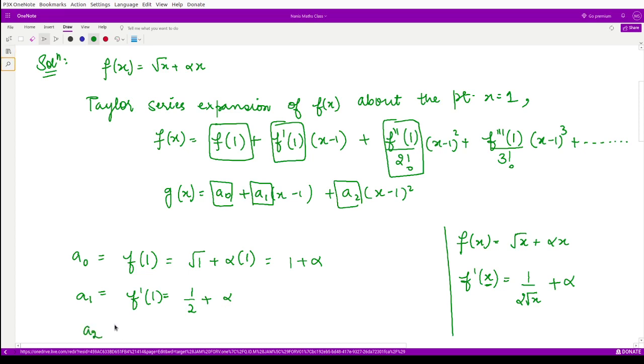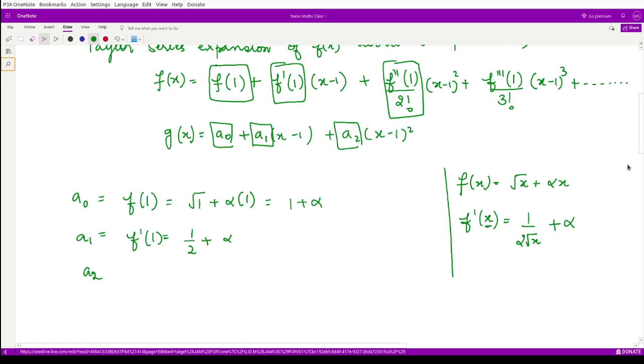Similarly, you can calculate a2. a2 is the double derivative calculated at the point 1 divided by 2 factorial. For that, we first require the double derivative of this function. The term 1 by 2 square root x can be written as 1 by 2 x to the power minus 1 by 2. When you take the derivative of this term, it would be minus 1 by 4 x to the power minus 3 by 2, and the derivative of alpha, a constant, is 0.